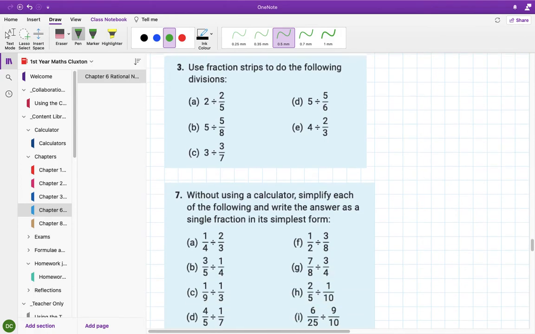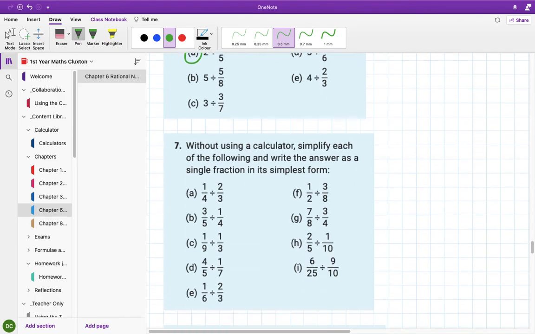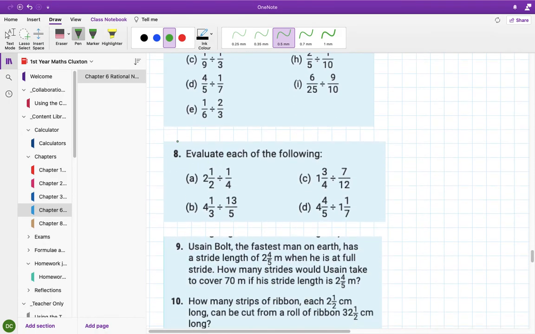And then division, let's pick 3A. So again, not fraction strips. You can just use your calculator. And let's do 8D.